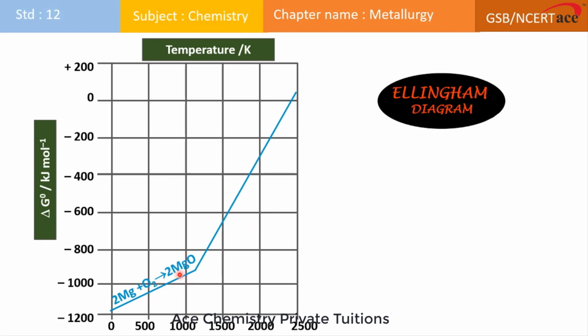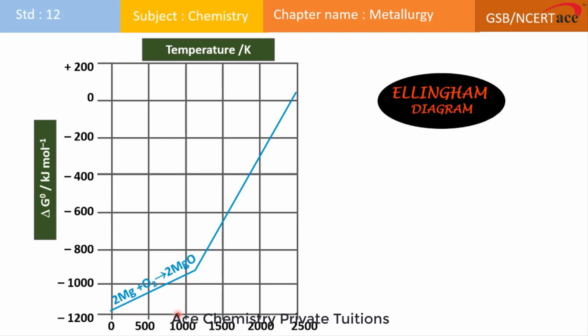Now if you look at this graph, this is for the formation of magnesium oxide. At very low temperature, the value of delta G naught for the formation of magnesium oxide is very negative. A very negative value indicates the formation of magnesium oxide can take place at very low temperature.